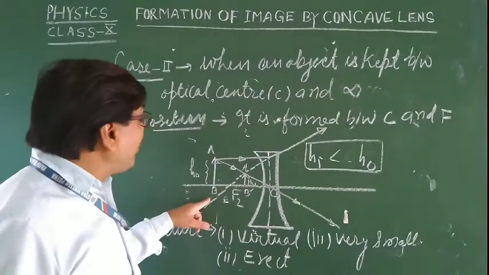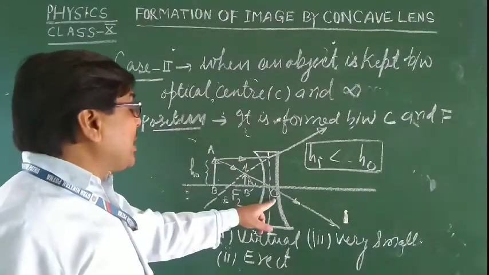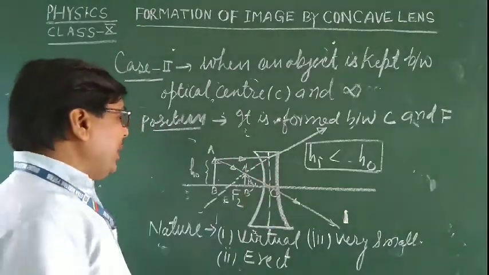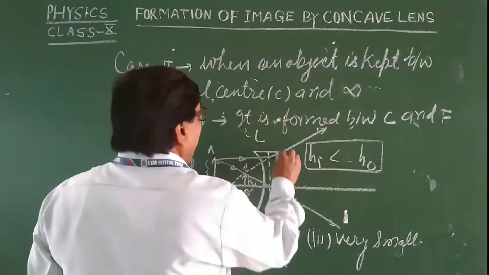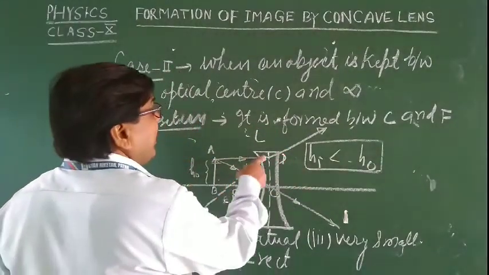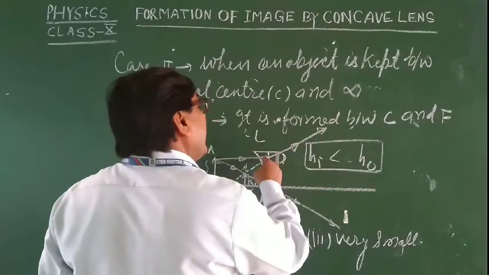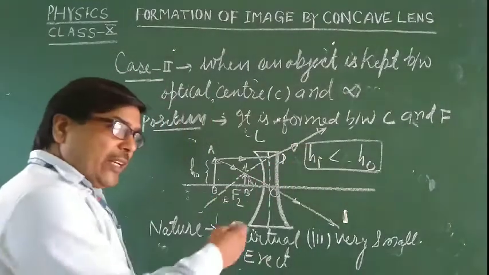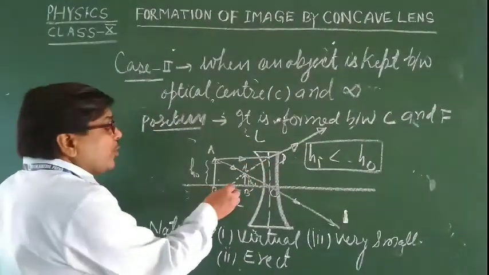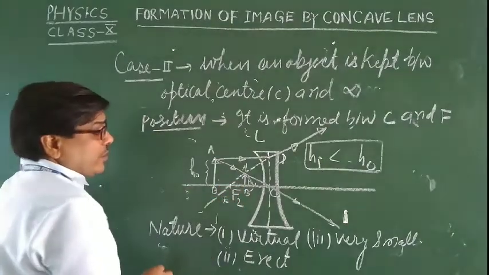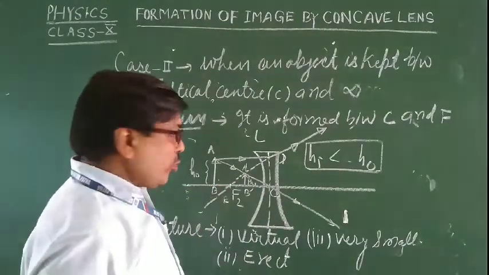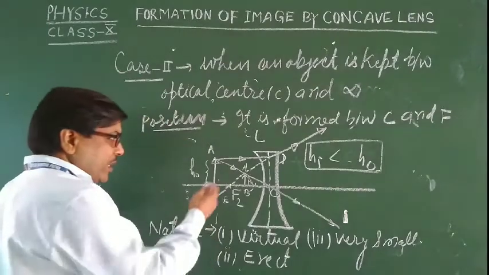AB is the object, once again kept in front of the lens, and incident ray AD, after refraction, moves away and appears to pass through the focus. So imagine it is imaginary.